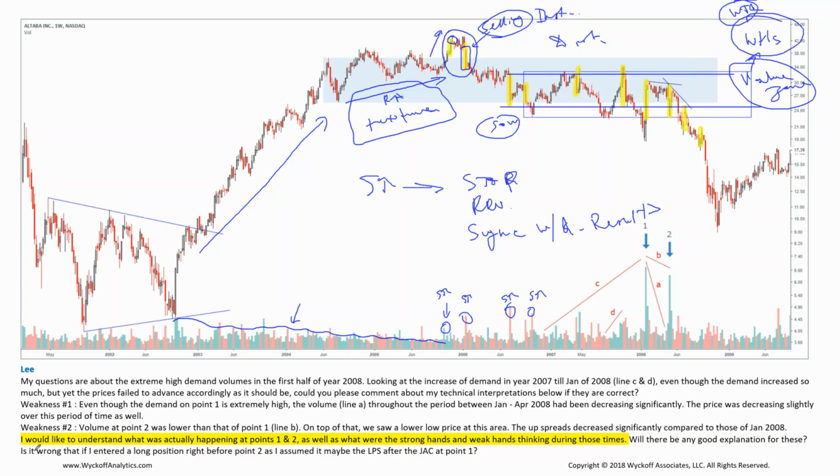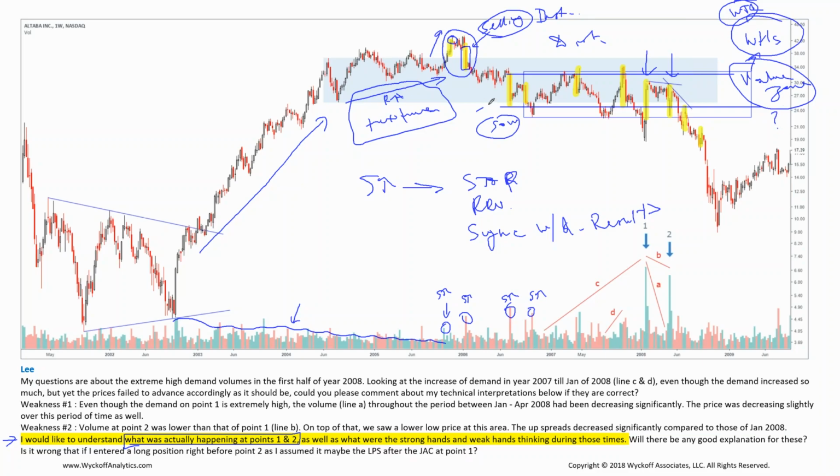And coming back to this question by Lee, I would like to understand what was actually happening at points number 1 and 2. To understand what's happening at these 2 points, we need to understand what happened prior, and we kind of go into this. So the value zone for weak hands, what does it mean?